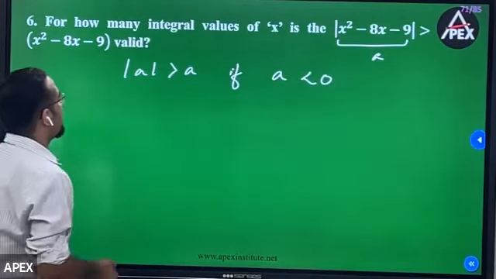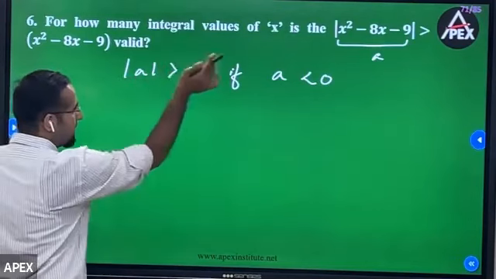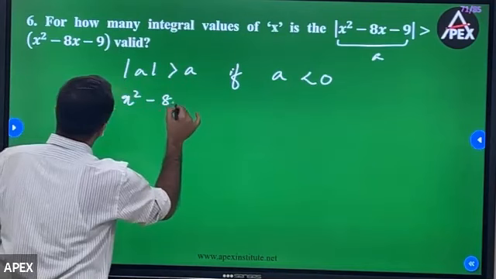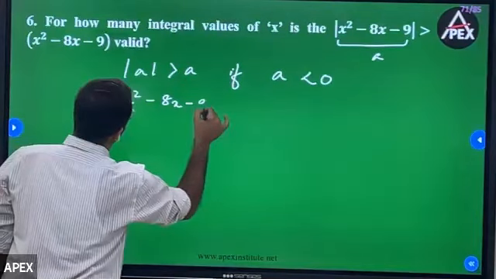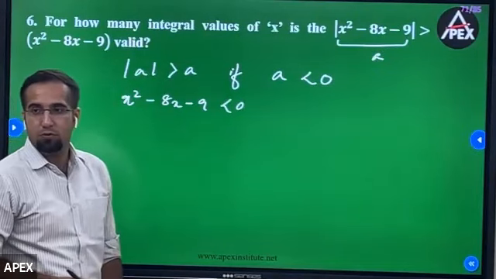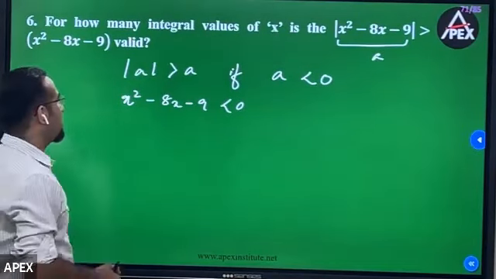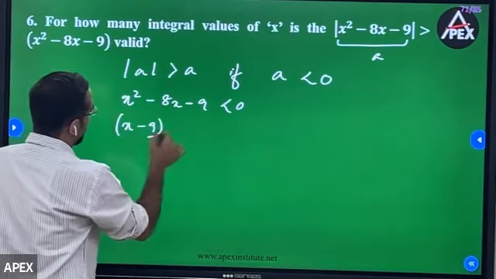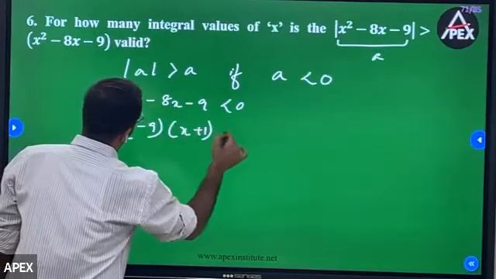So if you understand this, to satisfy this inequality, I have to satisfy only one thing, that x square minus 8x minus 9 should be less than 0. Right? So factorizing, what do I get here? x minus 9 into x plus 1 is less than 0.